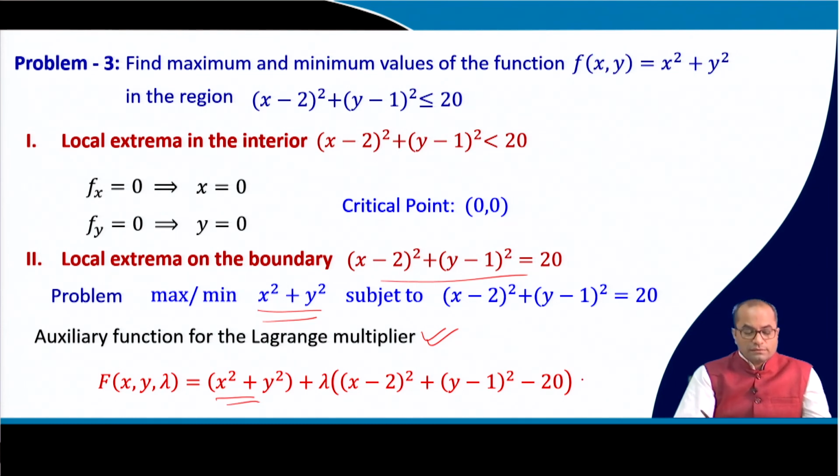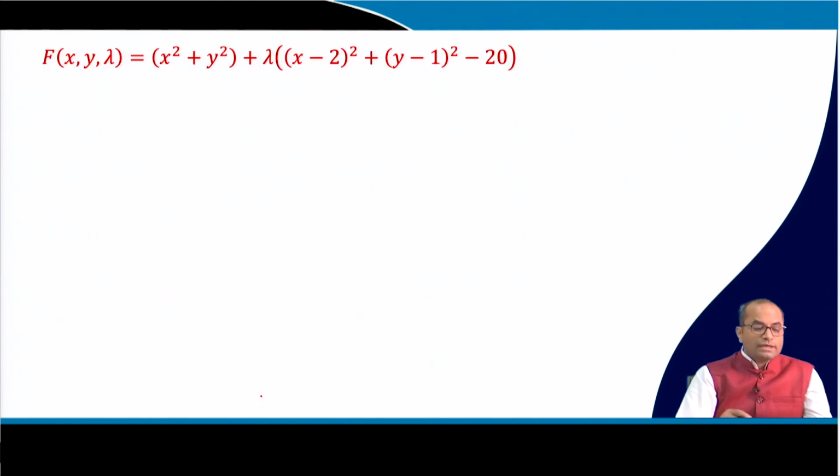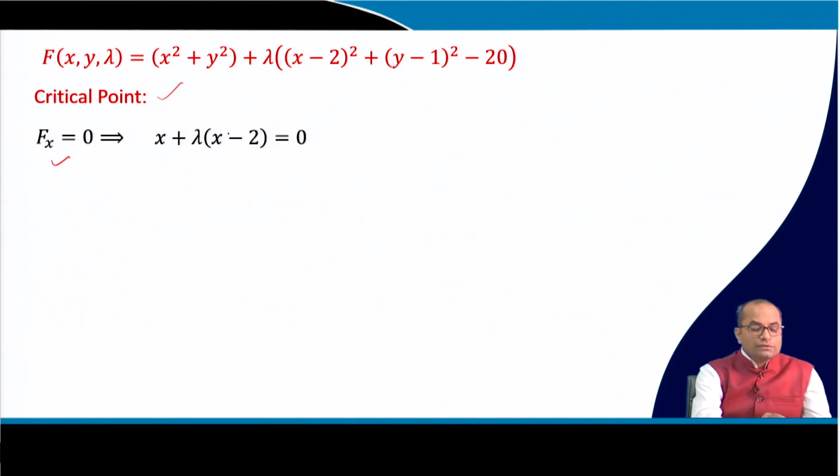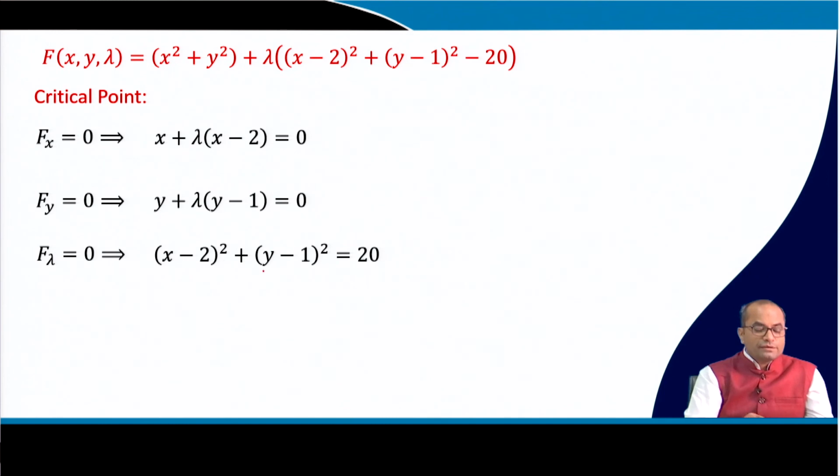Using the Lagrange multiplier, that is our auxiliary function, and from this auxiliary function we can get all critical points by setting f_x equal to 0, which gives 2x + 2(x - 2)λ. That will be the simplified equation there. Setting f_y equal to 0, we get this equation, and f_λ equal to 0 is the third equation, which is the given constraint.